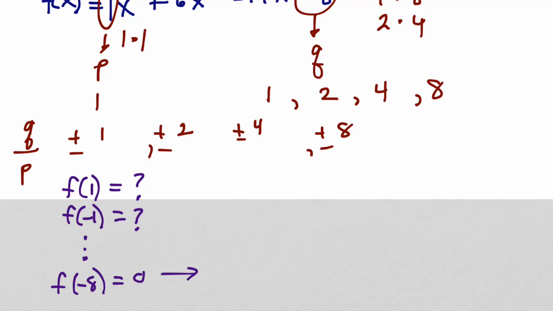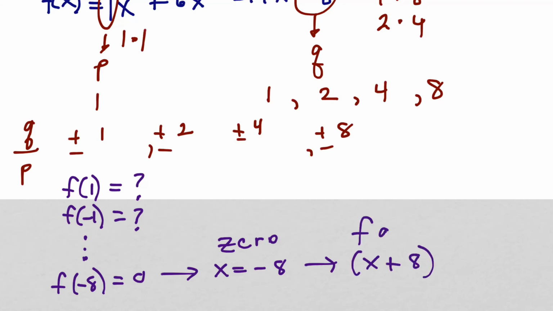So that implies that, so I substituted negative 8 into my function f of x, and I got 0. I said, okay, that means x is equal to, well, let's just write it all out. x is equal to minus 8 is a 0, which means that x plus 8 is a factor.